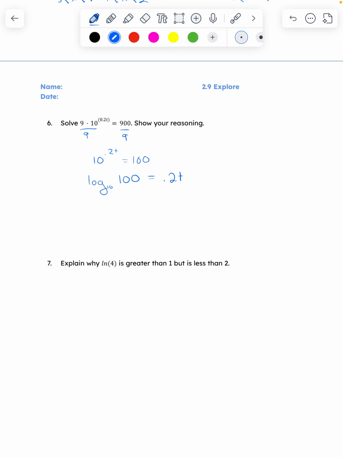And I know what log base 10 of 100 is because I know that when I take 10 to a power of 2, I get 100. So I know that 2 is equal to 0.2t. I can divide both sides by 0.2. And I know t is equal to 10.